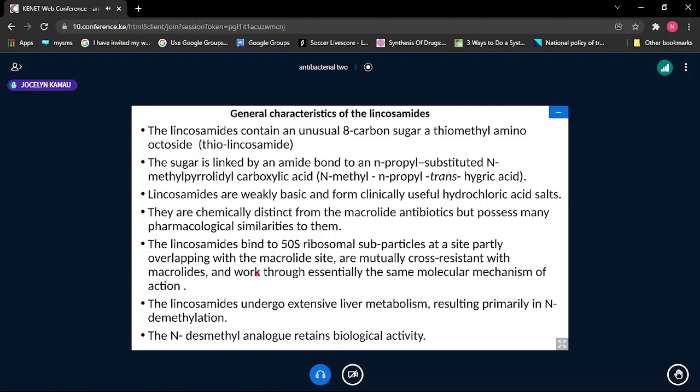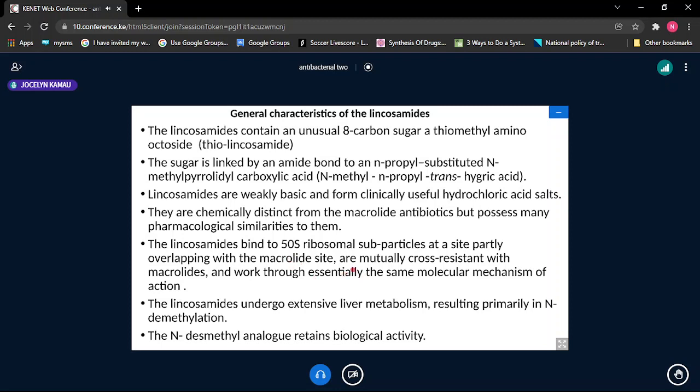whereby once the microorganism has resistance to one of the drugs, one drug in one class, it will also have resistance to another drug in another class. So that's what we call cross-resistance. And this, as I have said, is not structurally related.